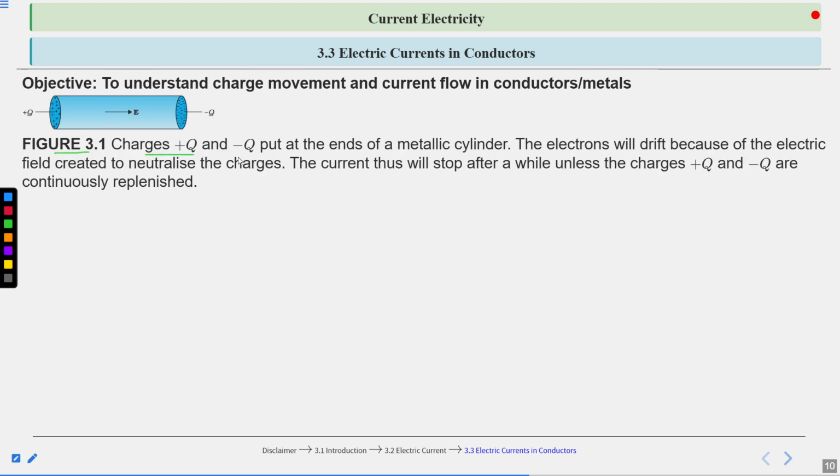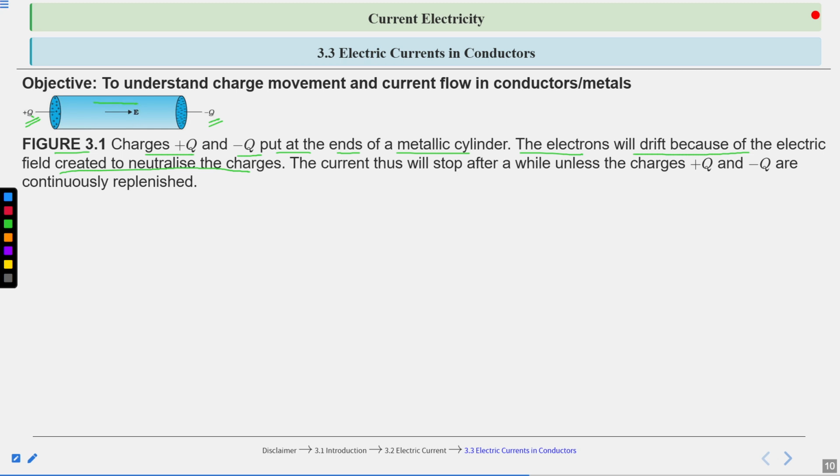Charges plus Q and minus Q put at the ends of a metallic cylinder. The electrons will drift because of the electric field created to neutralize these charges. The electric field is set up from the positive charge to the negative charge, and electrons feel a force in the direction opposite to the electric field.